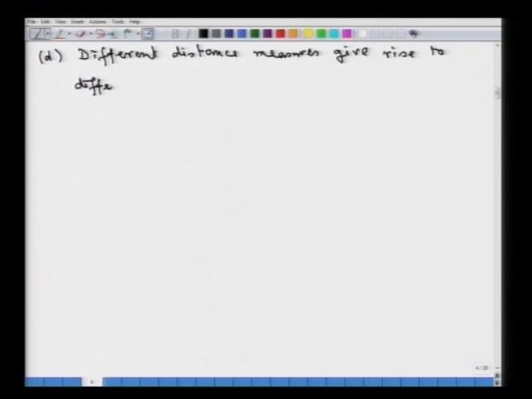Now the characteristic number 4 is the following, that different distance measures of course are going to give us different clusters. Different distance measures give rise to different hierarchical structures.